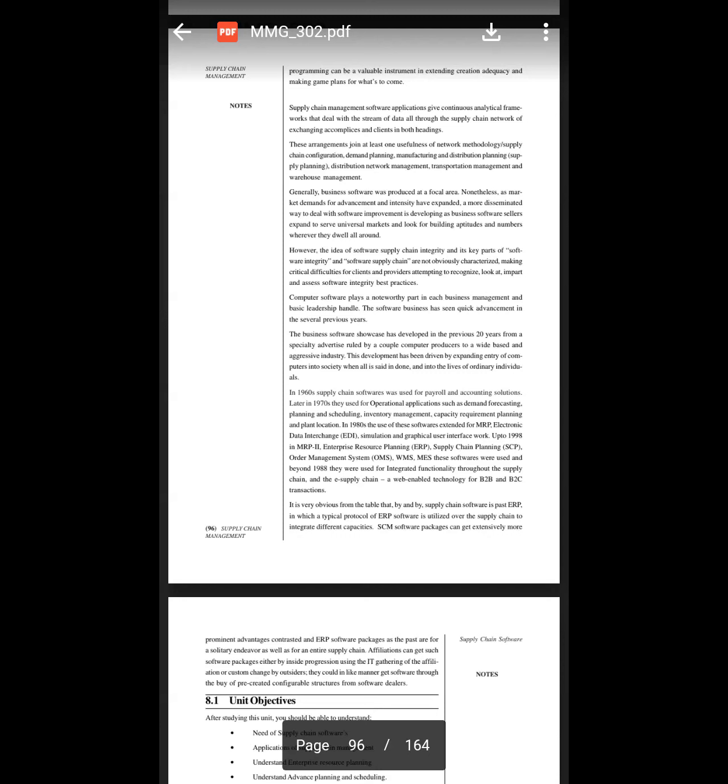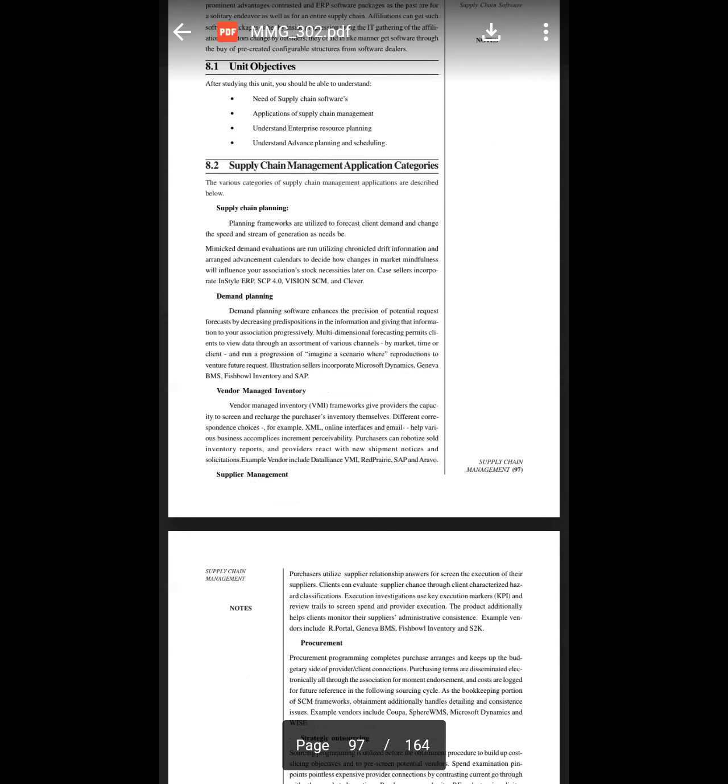Supply chain planning frameworks are utilized to forecast client demand and change the speed and flow of production as need be. They have given cases such as ERP, SCP, and SCM.